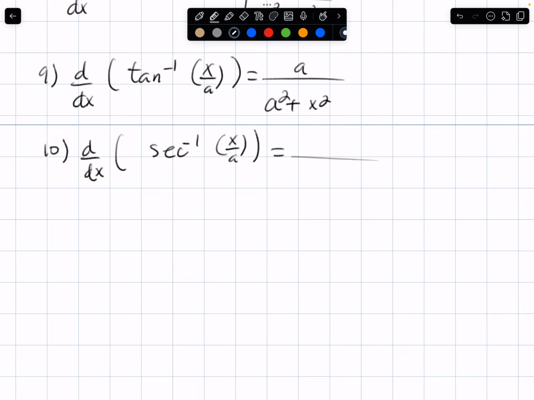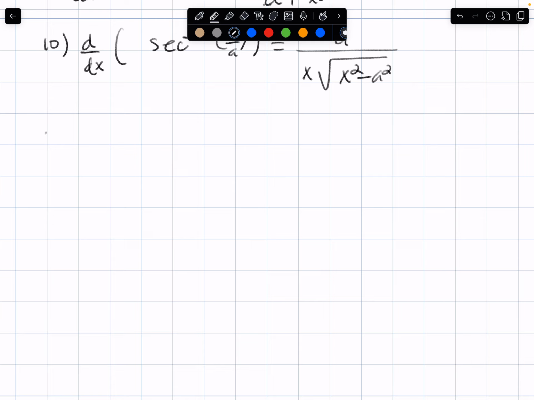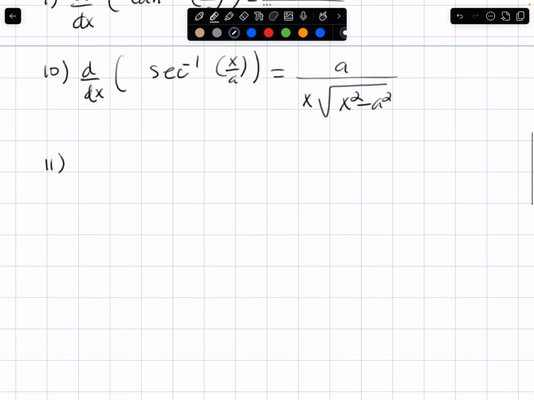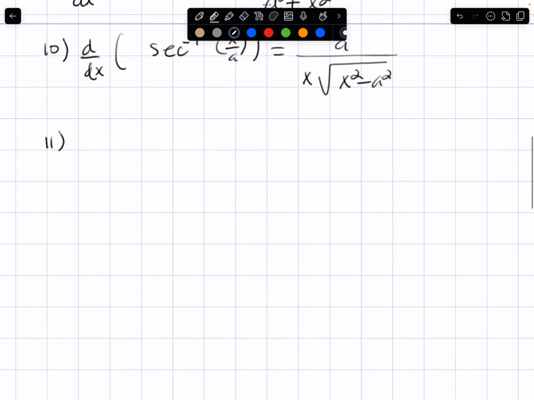And we'll just write it like that. It turns into x, and then the radical sign, x squared minus a squared. All right. That was arcsine.